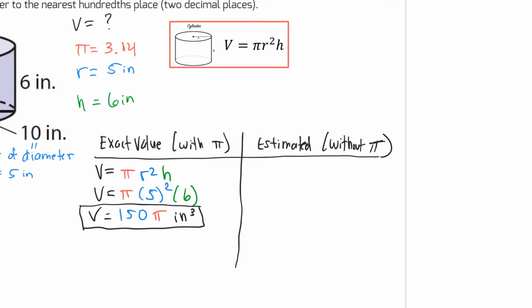Then to find the estimated value, it's pretty much the same thing. I'm going to take this and rewrite it. Now I'm just going to replace pi with 3.14. So it'll be 150 times 3.14.